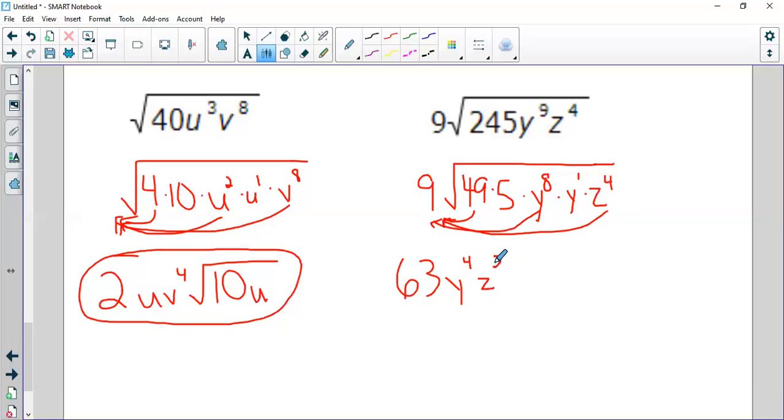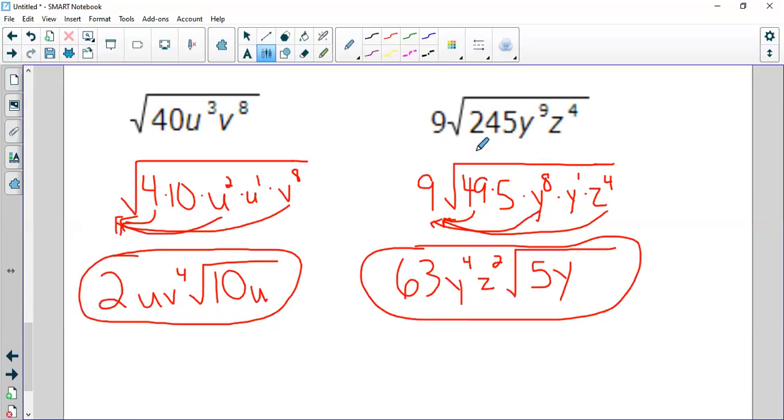Z squared. And left inside the radical, that imperfect square 5 and the y. You know you're going to have just a y left inside because the y had the odd exponent. The z had the even exponent. It's going to be a perfect square. It's going to completely remove itself from the radical because it's a perfect square.